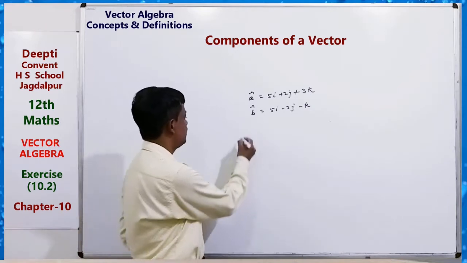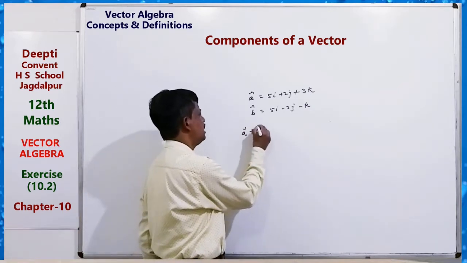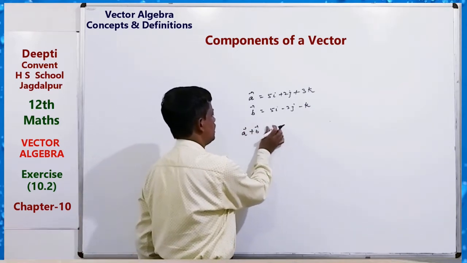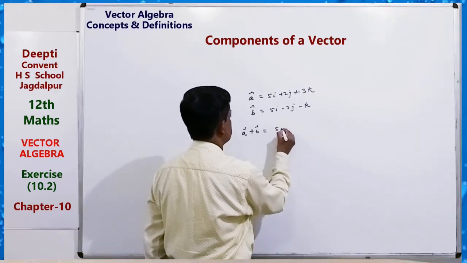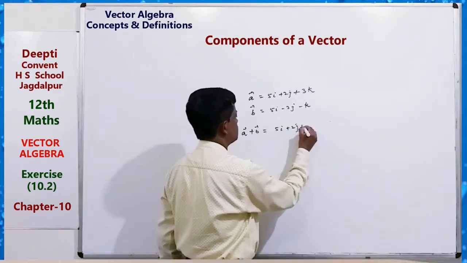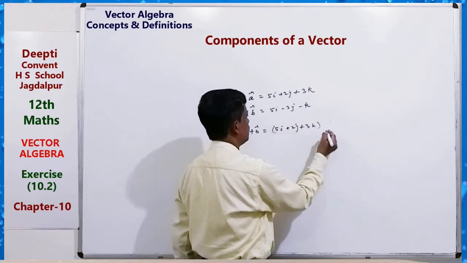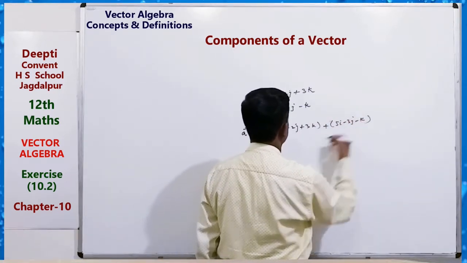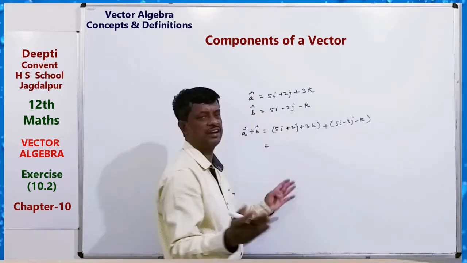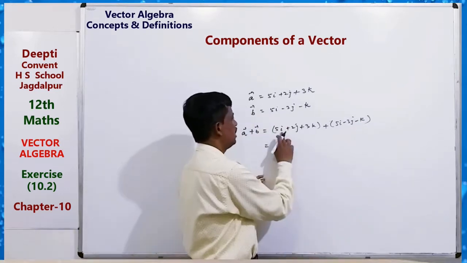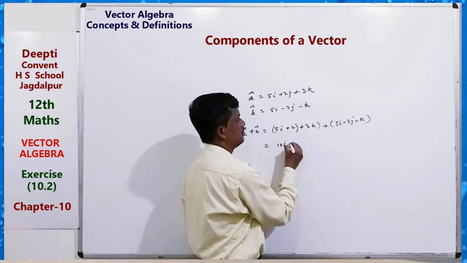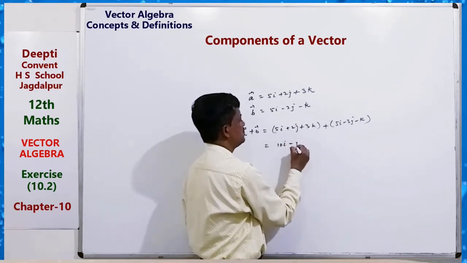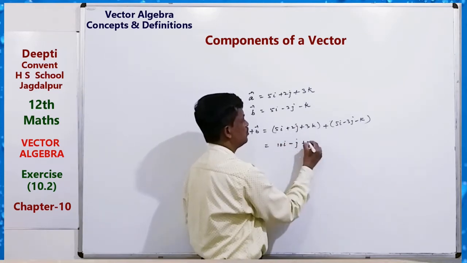Then we can simply add: 5i plus 2j plus 3k plus 5i minus 3j minus k. Just add: 10i, 2 minus 3 is minus j, 3 minus 1 is 2k.